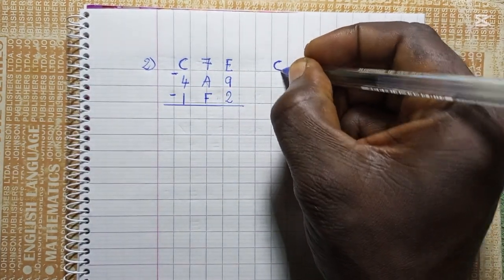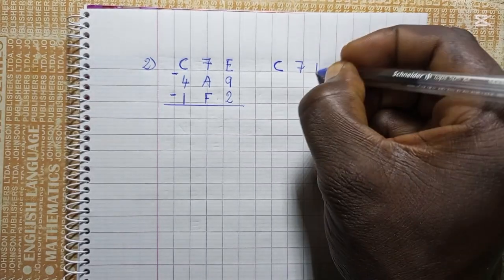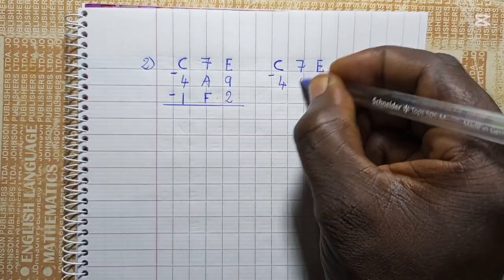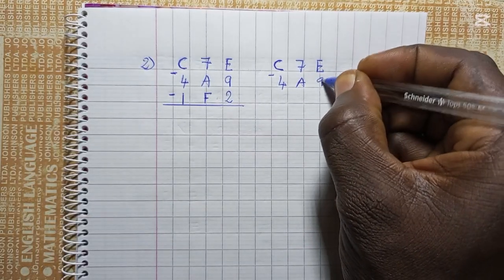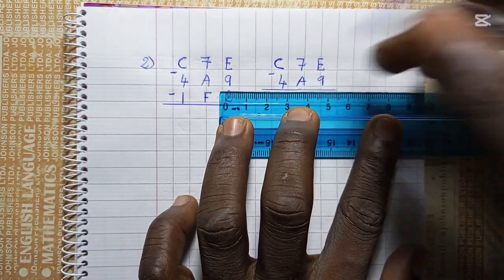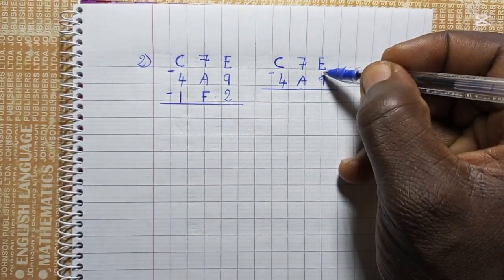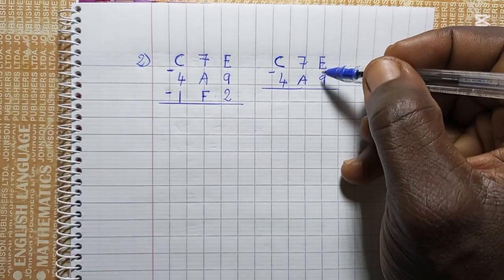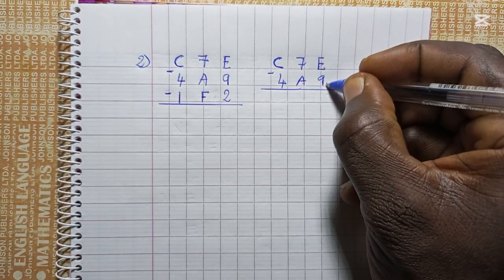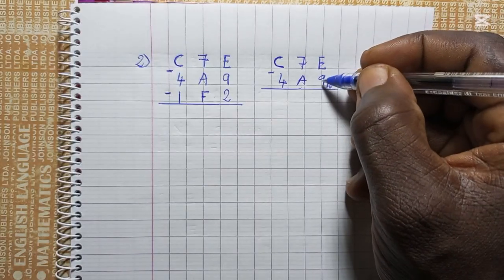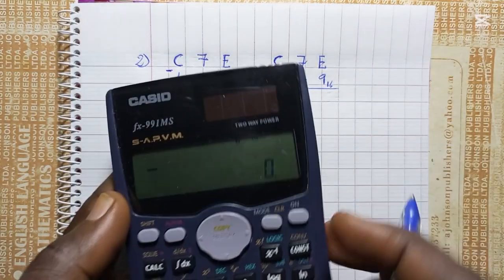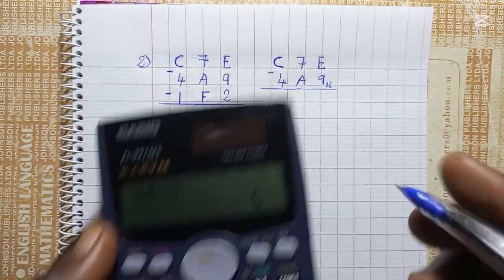We have C7E minus 4A9. Now E is equivalent to 14. 14 minus, remember we're working in base 16, indicate it here. 14 minus 9, that will give us 5.